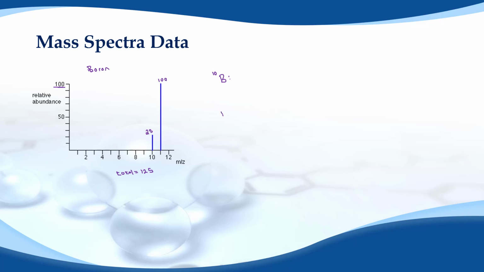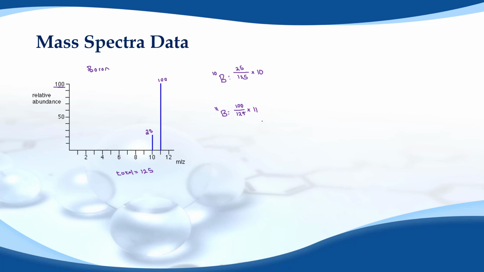For example, for atomic mass 10, it goes up to about 25, so we'll just call it 25. Mass 11 goes up to 100. The total is 125. The percent abundance of boron 10 is going to be 25 over 125. The percent abundance of boron 11 is going to be 100 over 125.